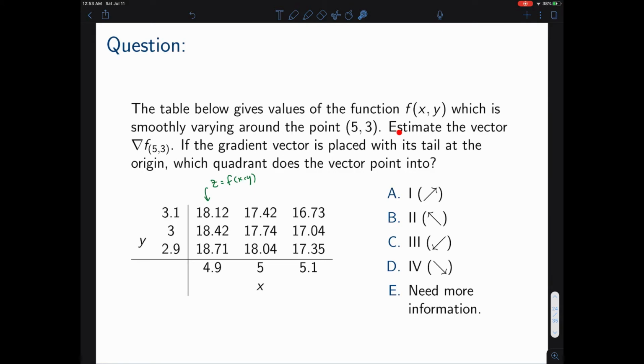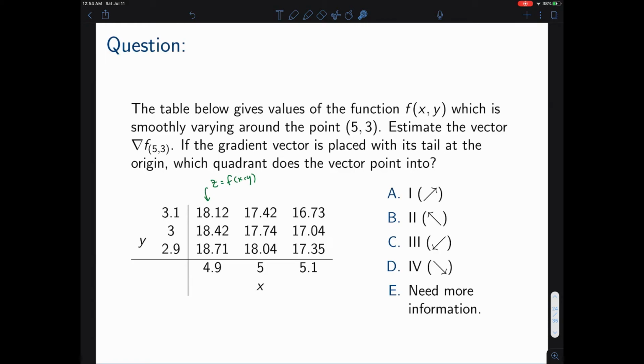You're being asked to estimate the gradient vector of f at (5, 3), and then say which of the 4 quadrants the gradient vector points into. You can pause the video and think about it.